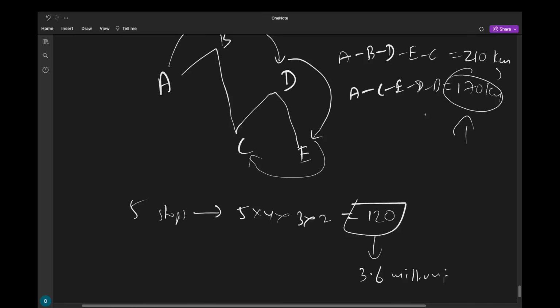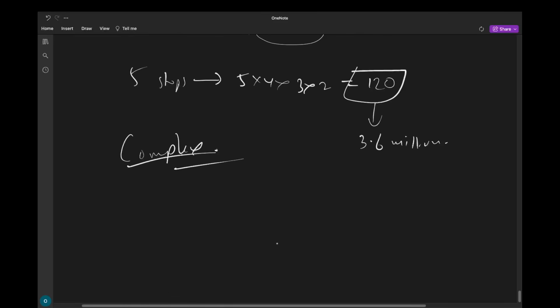With 25 stops, more combinations than atoms in the universe. And this is a complex mathematical problem. Humans can't solve this optimally. We need algorithms, we need computers, we need TMS.